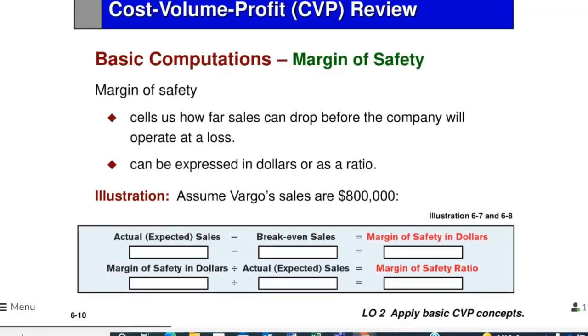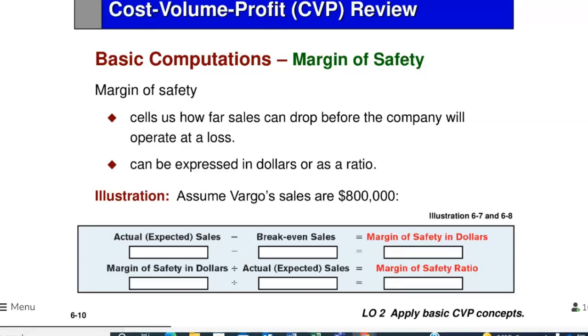Continue on then. The next concept is the margin of safety. Now this is all review. This is from last week. The margin of safety is that level of sales beyond which we need to break even. Another way of expressing that is sales can drop by that amount before we are no longer profitable. That's the margin of safety.